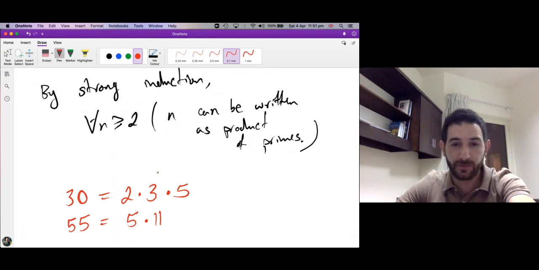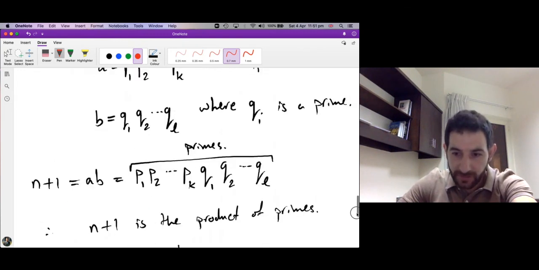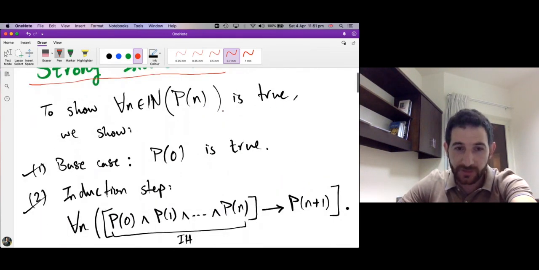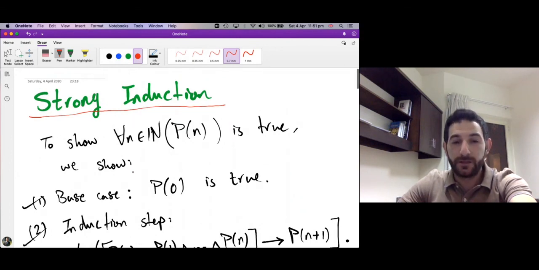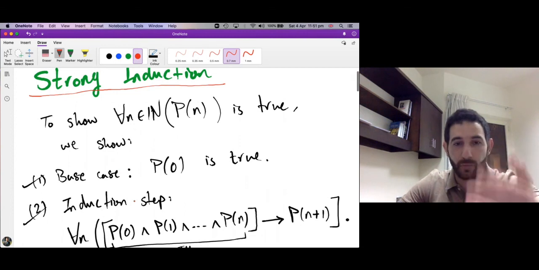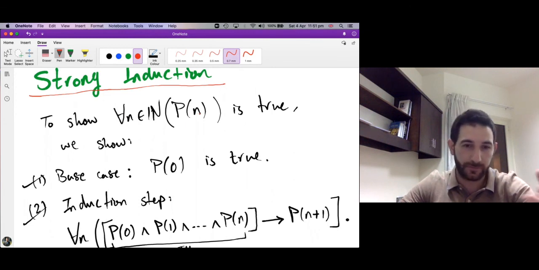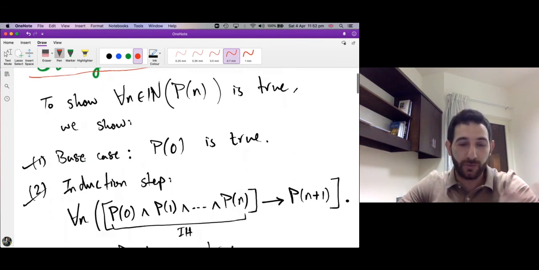So let's stop here. But okay, before I stop, let me revise what strong induction is. It's almost the same as mathematical induction, but in the induction step we assume more. So again, to show that the property P holds for every natural number n, say, we do two things.